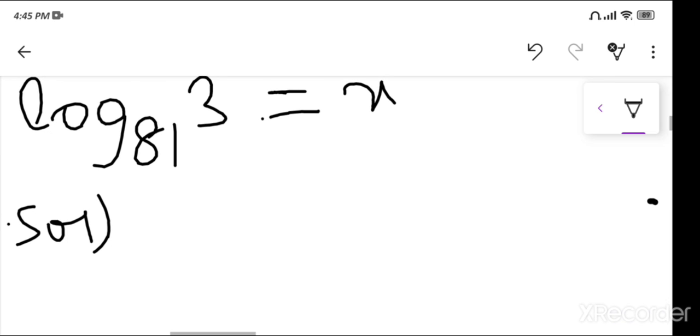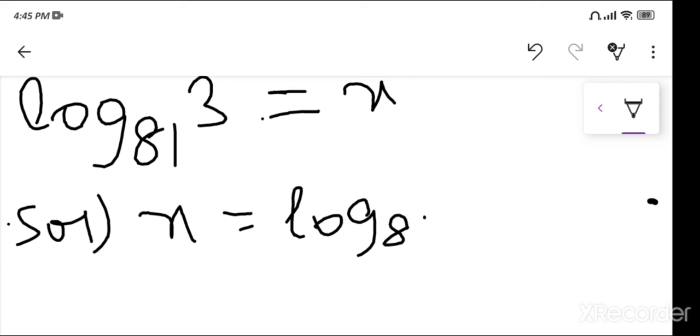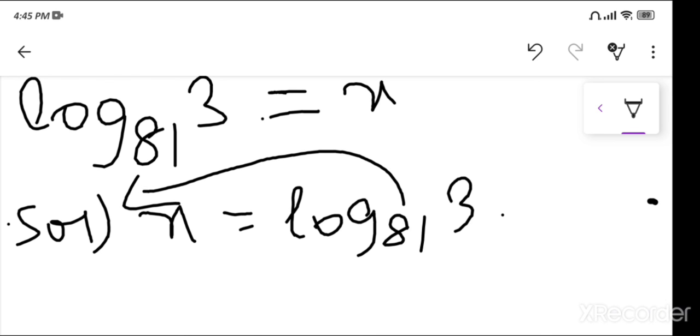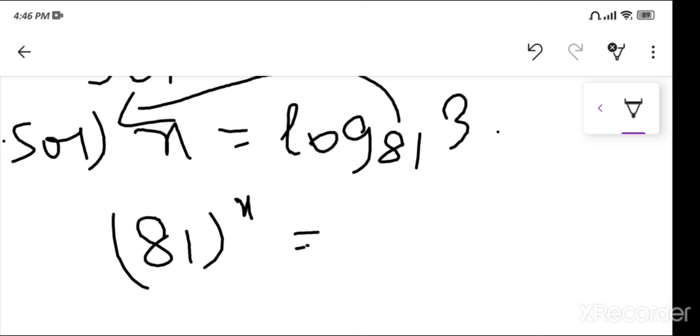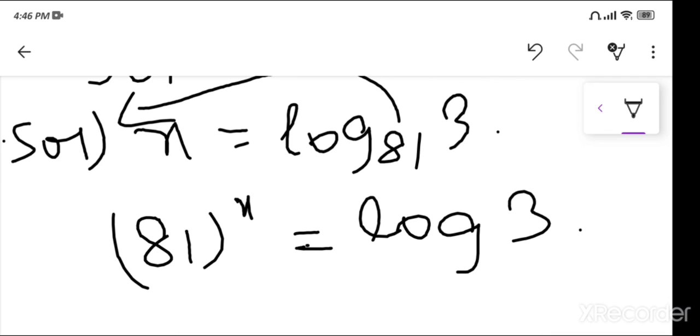So I'm writing in reverse, which makes it x is equal to log 81 to the base 3. Now where does the 81 go? It goes all the way to x, which gives you 81 power x. There's only log 3 left here.